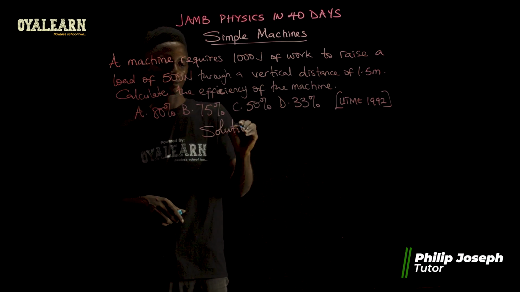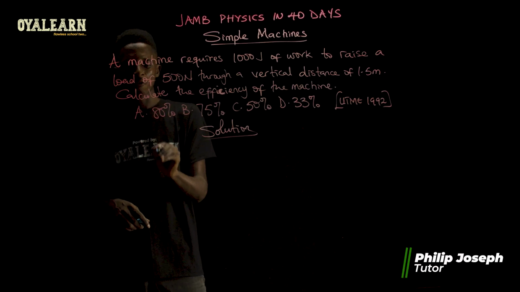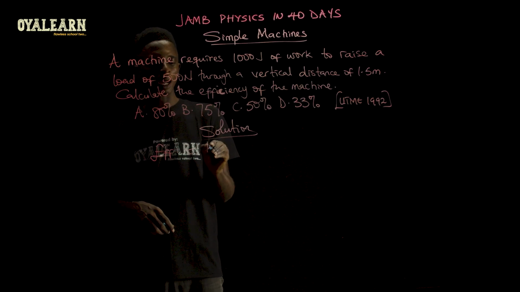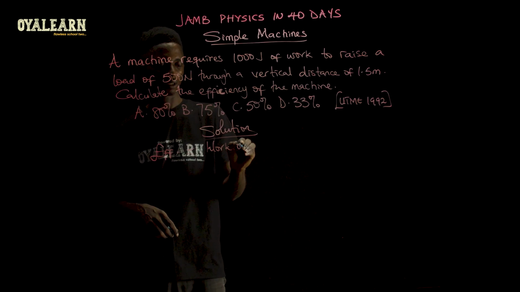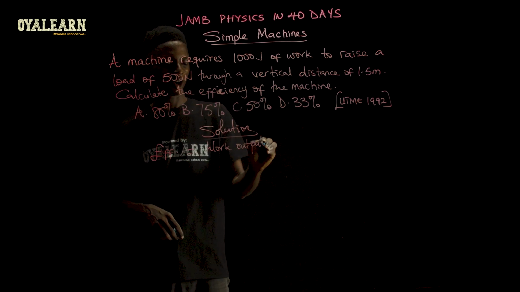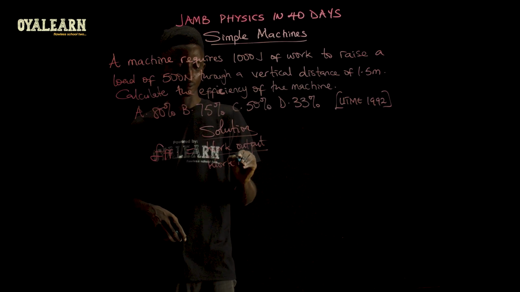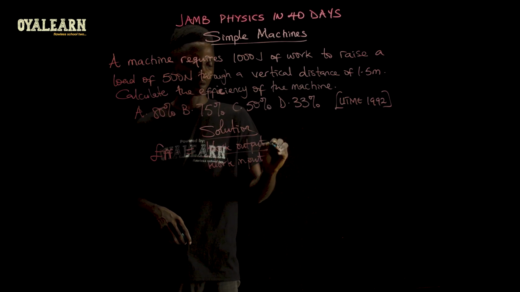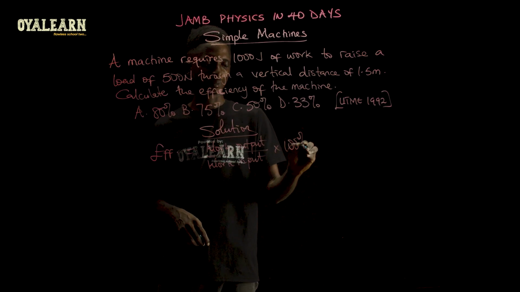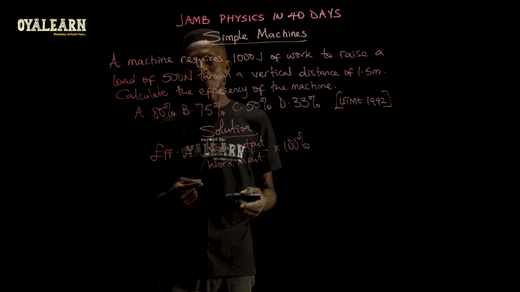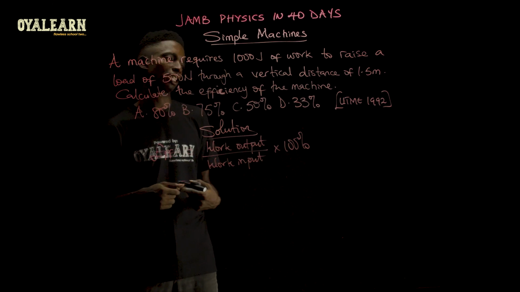Solution. In this case, the efficiency would then be work output of the machine over work input multiplied by 100. So now what is the work output of the machine? That is the work done by the machine.